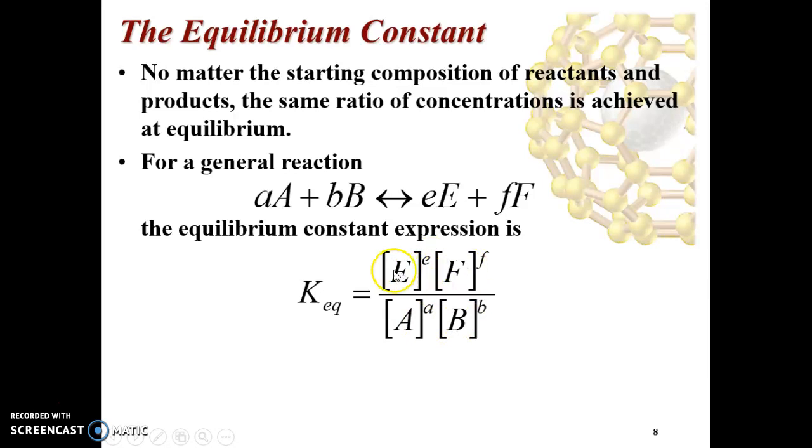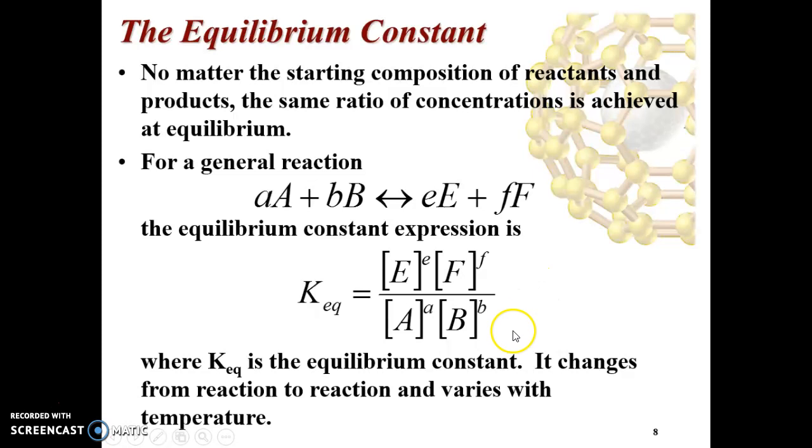So you have the concentration of the products, concentration of reactants, and you're raising those concentrations to whatever the coefficient from the balanced equation is. So that's an equilibrium expression. So if I increase the amount of E, what's going to happen to establish equilibrium is these numbers are going to adjust themselves so that mathematically they wind up equaling the same value in the end.